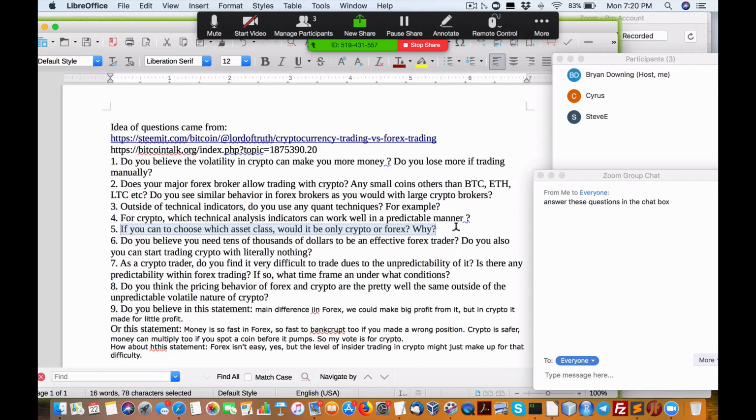Now, here's a statement I got from one of these sites. It said that in order to be an effective forex trader, you need to have tens of thousands of dollars. Do you believe that? No, I don't. Okay. Now, do you believe that in order to be a newbie at crypto, you can literally start with nothing? Well, I don't know what the requirements are and how you can participate in it.